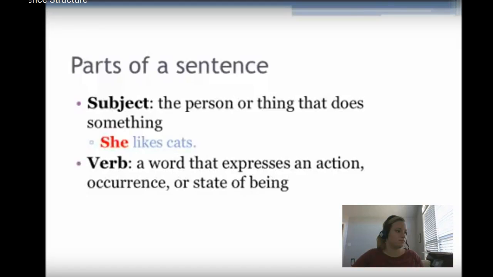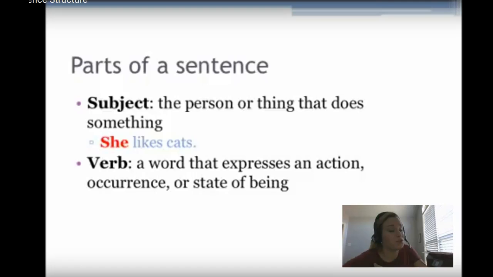Next is the verb. The verb is a word that expresses an action, occurrence, or state of being in the sentence. Think about our example sentence: she likes cats. The subject is she. Think of the subject as the person doing something, the person or thing the sentence is all about.